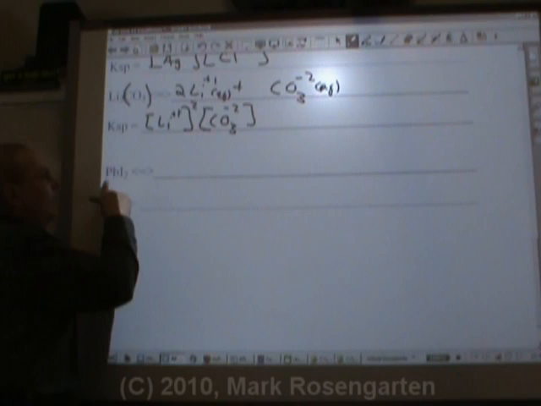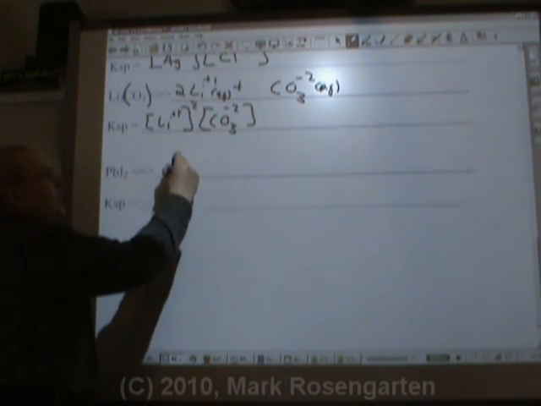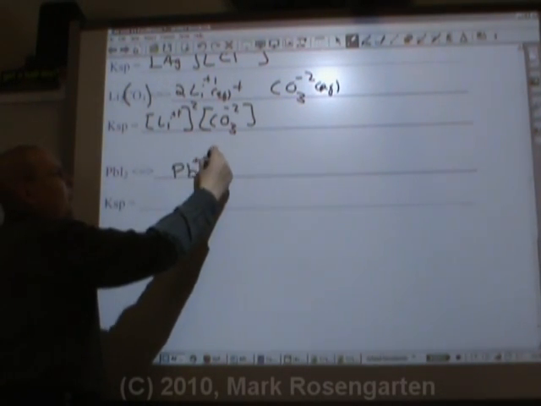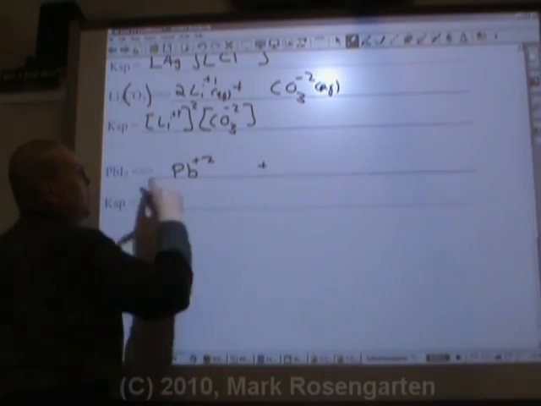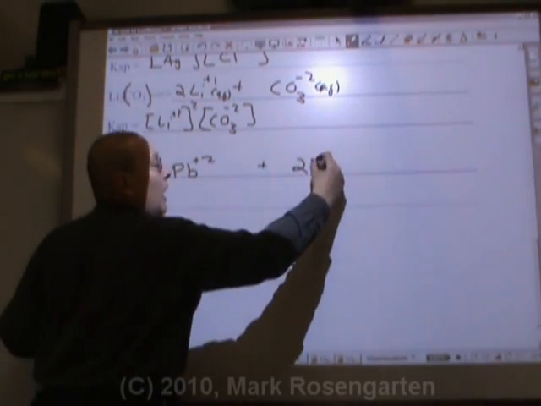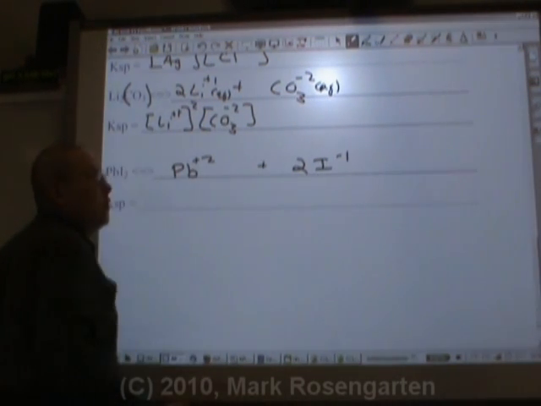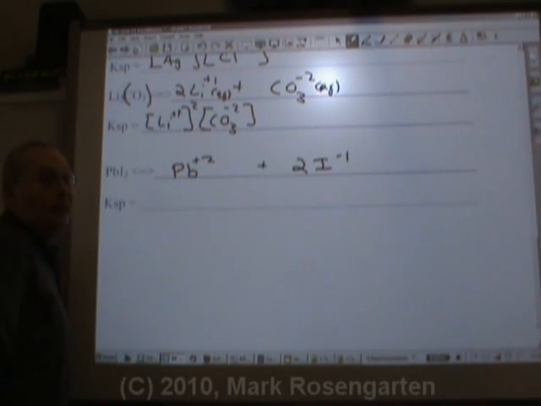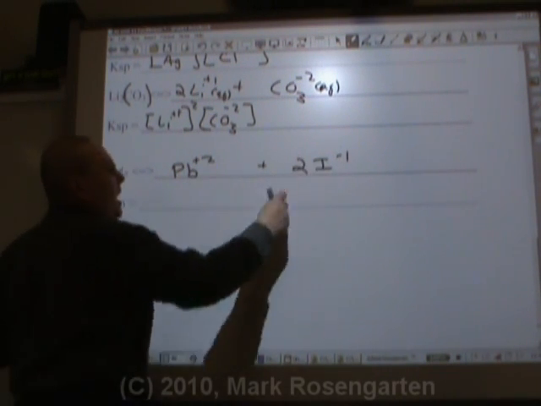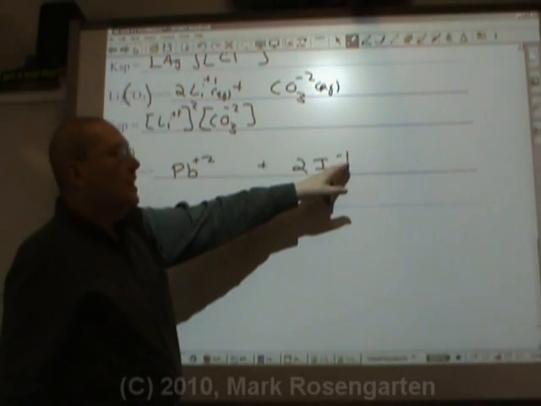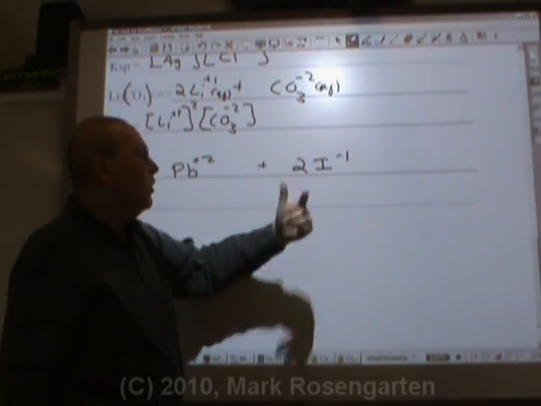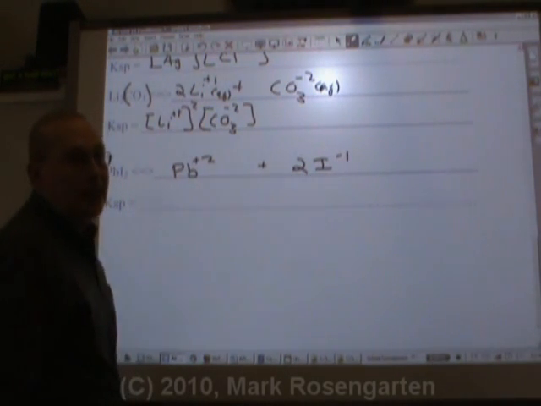Let's do one more. Lead 2 iodide, when dissociated in water, will form a lead plus 2 ion and 2 I minus 1 ions. Now you might be tempted to make it I2 because when iodine is by itself, it's supposed to be diatomic, Brinkelhoff, right? But remember, this is not a decomposition reaction. All we're doing is separating the ions. We're not removing iodine's electrons and turning it into pure iodine, I2.